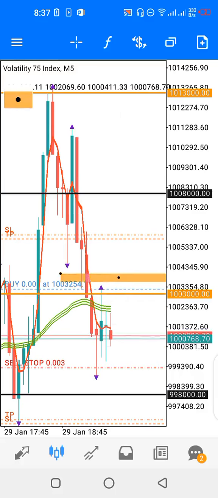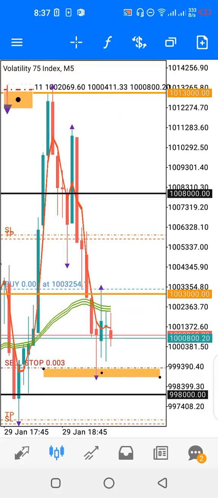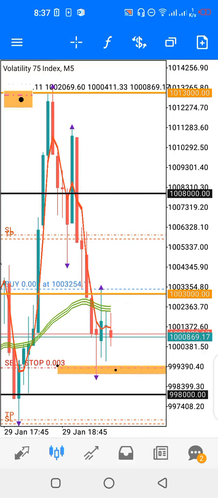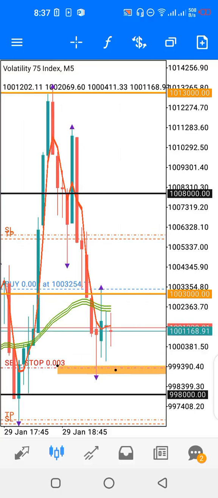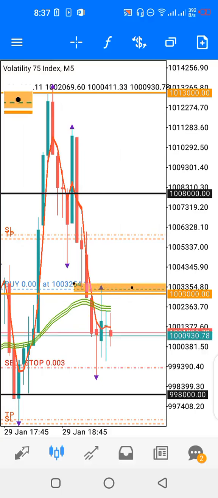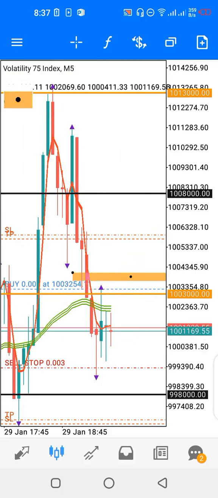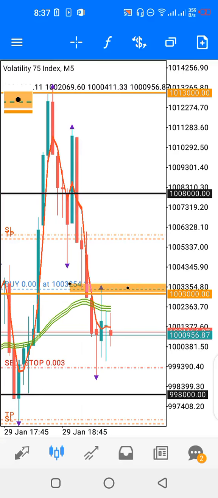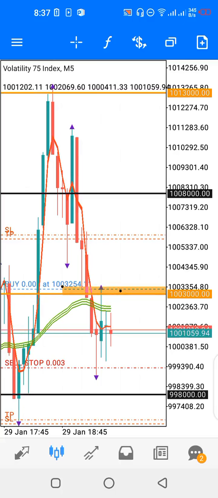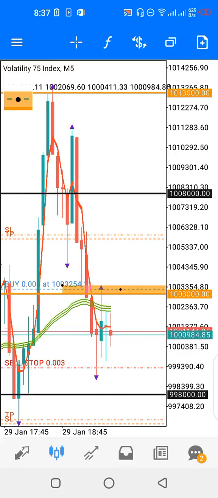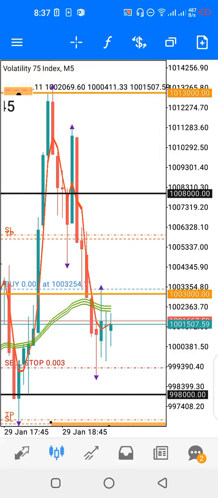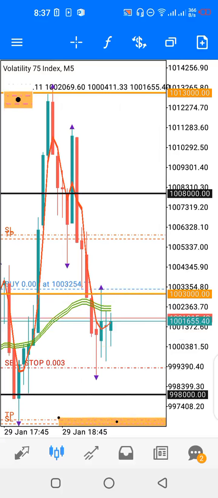Then I have a range where I'll expect break even. But if price gets to where my buy order is and moves above it, I'll close the buy order and the trade session will be over. But if price drops below and triggers my sell stop, I'll introduce a second hedge, which will be 0.008 around here, and then expect price to drop further to give me break even.